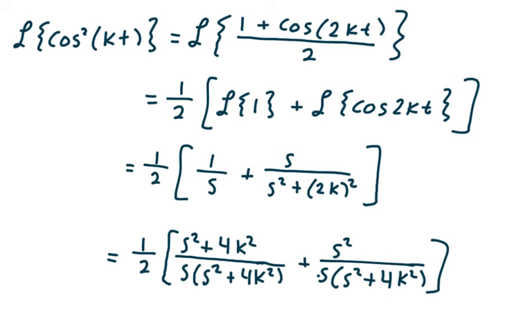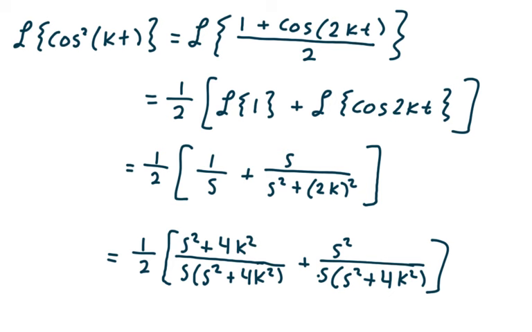Now, this is 1/2 the quantity, 1 over s plus s over s squared plus, now we have to be careful here because when it was cosine of kt, it was s over s squared plus k squared, but it's 2kt, so it's going to be s over s squared plus 2k quantity squared.